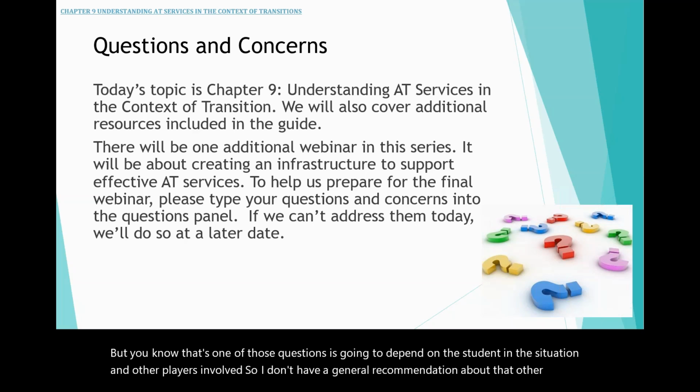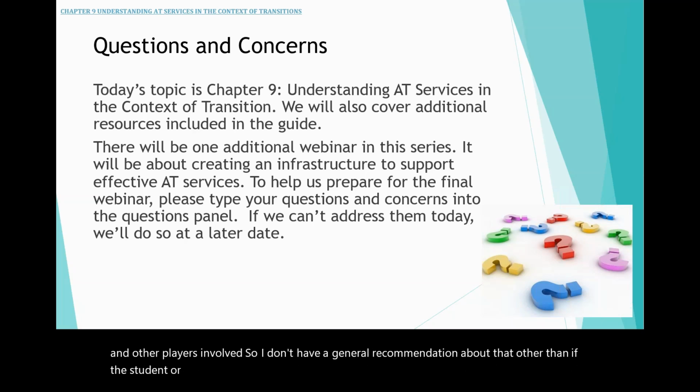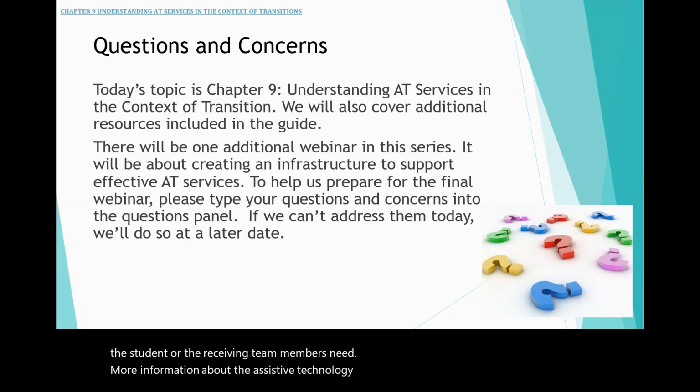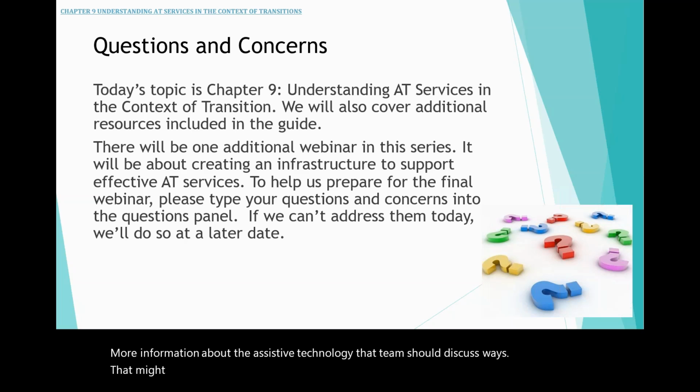So I don't have a general recommendation about that, other than if the student or the receiving team members need more information about the assistive technology, the team should discuss ways that might be able to happen, or at least develop a communication strategy for communicating with the receiving school once the team is identified.